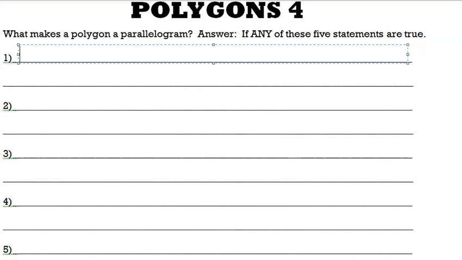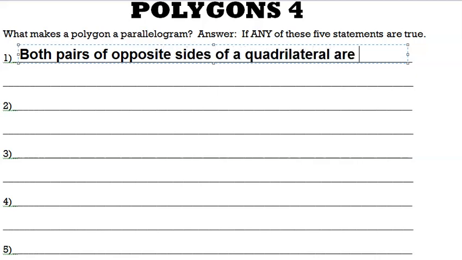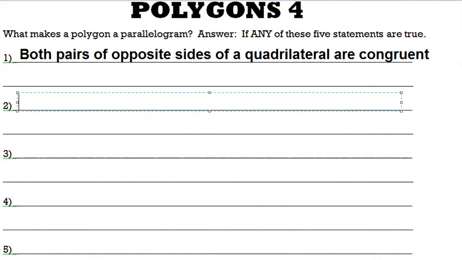Okay, so rule number 1, if both pairs of opposite sides of a quadrilateral are congruent, then it's a parallelogram. Now, that was one of the rules we learned right off the bat. In a parallelogram, both pairs of opposite sides are congruent. So that is not new, not much of a surprise, but it is something we need to remember.